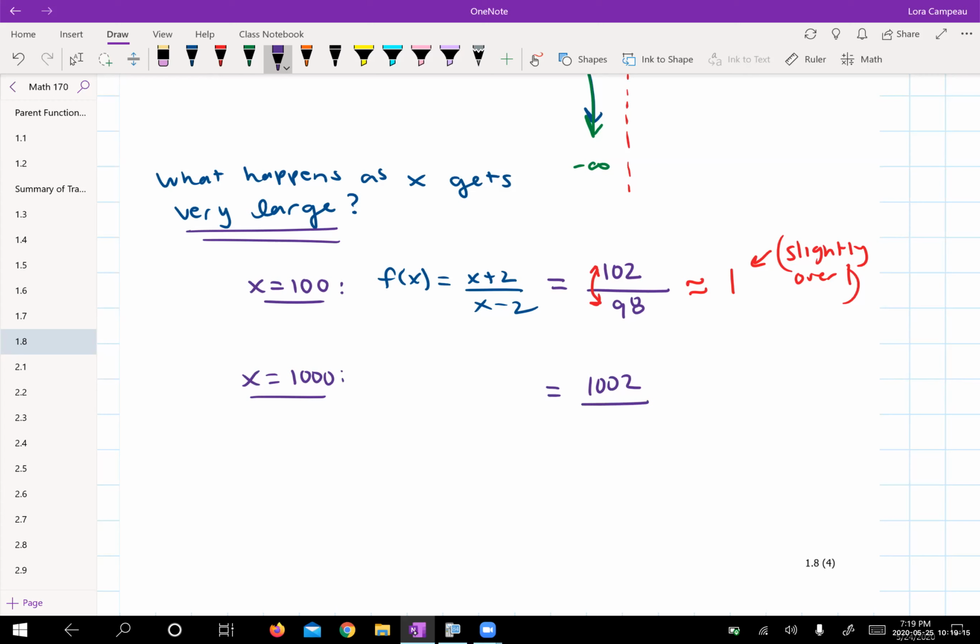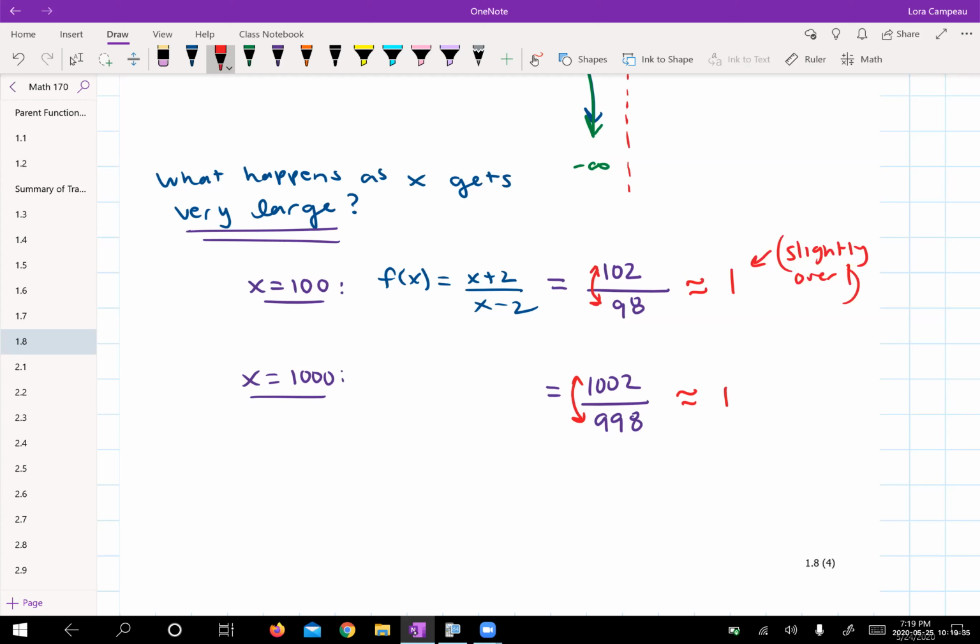over 998 in the denominator. Again, when you compare the numerator with the denominator, they're very, very close to each other. We can say, if they're very close to each other, they're still about 1. So it's telling us what our y values are looking like.